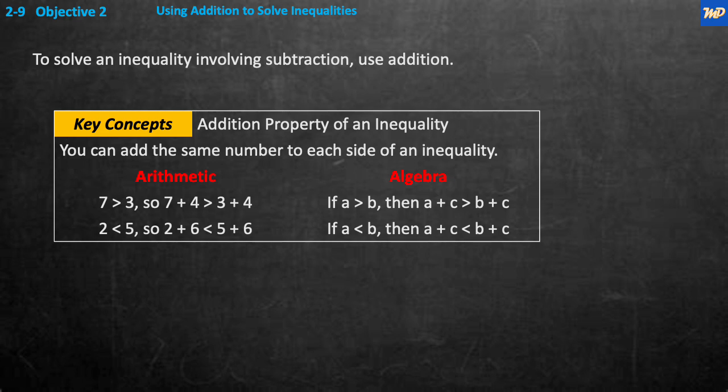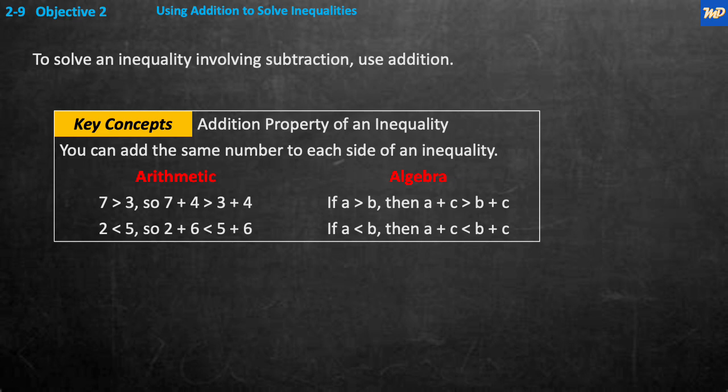The algebraic point of view, and I'm going to read the algebraic piece first because that gives us the global view of what we're going to see on the arithmetic side here. If A is greater than B, then A plus C is greater than B plus C. If A is less than B, then A plus C is less than B plus C. That's kind of just straightforward thinking.